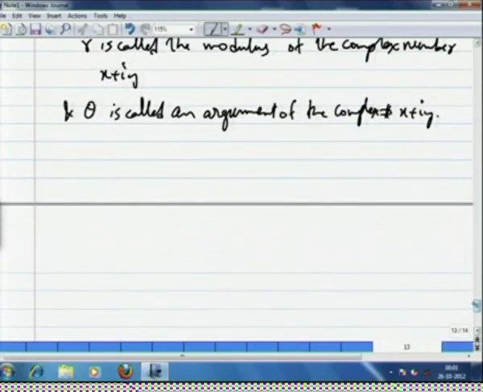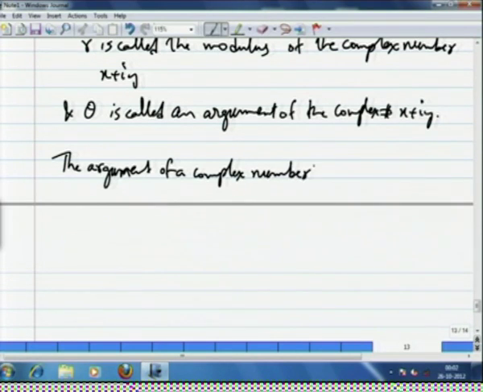So, owing to this, the argument of a complex number x plus i y, we define this only for non-zero, not equal to 0.